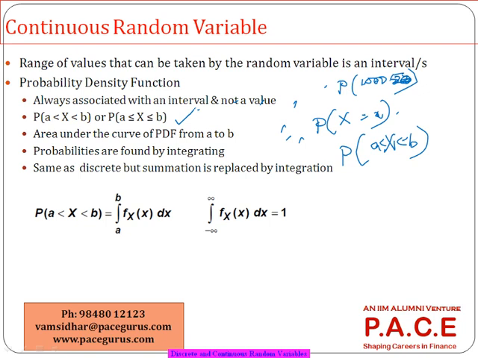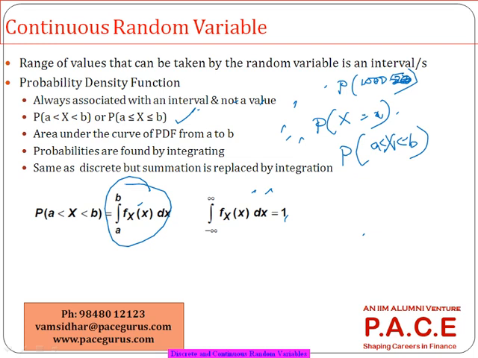Right? So whenever we talk about a probability function, we will not talk about a single value. We will talk about an interval. To arrive at that probability, whatever the probability curve is, we will do the integration of it between the interval values.